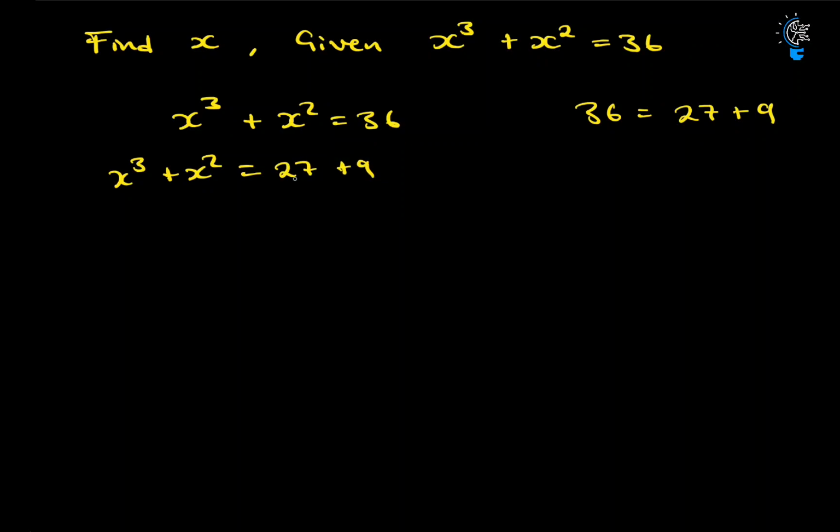Then from there we can let these things jump to the left hand side, and we're going to end up with x to the power 3 plus x to the power 2 minus 27 minus 9 is equals to 0.